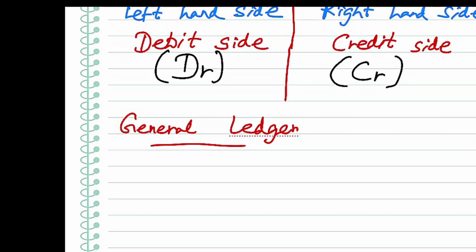General ledger includes all the types of accounting elements.